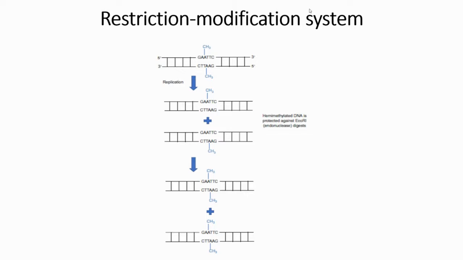Therefore, each enzyme has a specific methylase that can recognize and methylate the same DNA, so that they can protect the bacterial DNA. That's why you have this restriction modification system, the RM system.